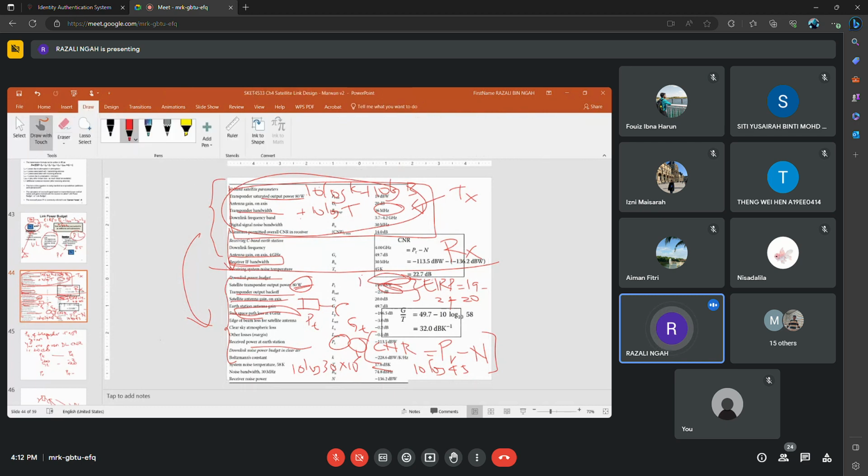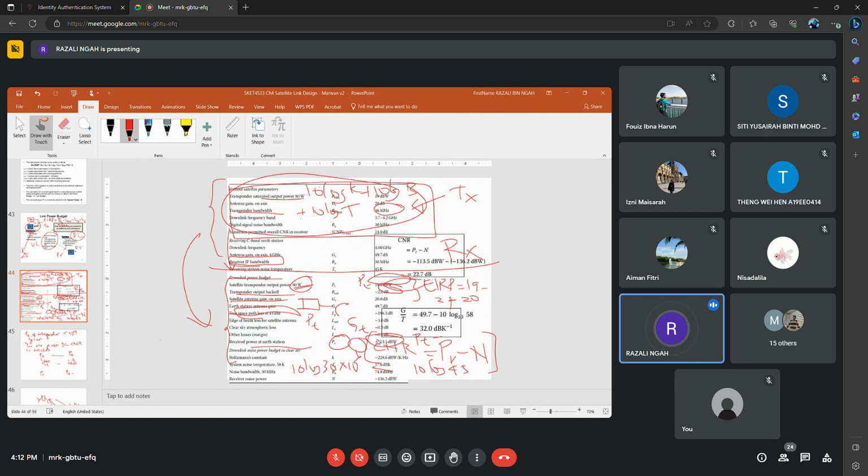So this is PT. In here, PT is equal to minus 2 plus 20 plus 49.7 minus 196.5 minus 3 minus 0.2 minus 0.5.